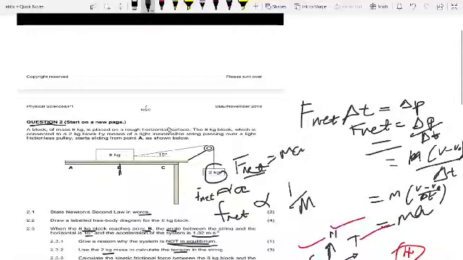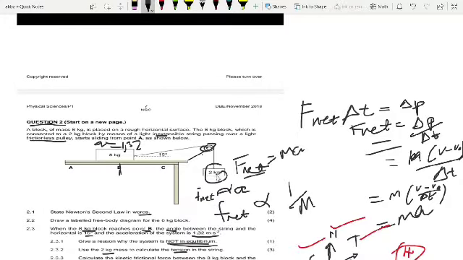Let's read the statement. A block of mass 8 kg is placed on a horizontal rough surface. The 8 kg block, which is connected to a 2 kg block by means of a light inextensible string passing through a light frictionless pulley, meaning this pulley does not have friction, starts sliding from point A. Automatically when it slides here, it has an acceleration of 1.32, right?